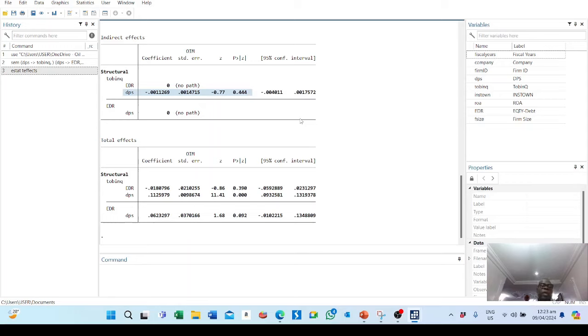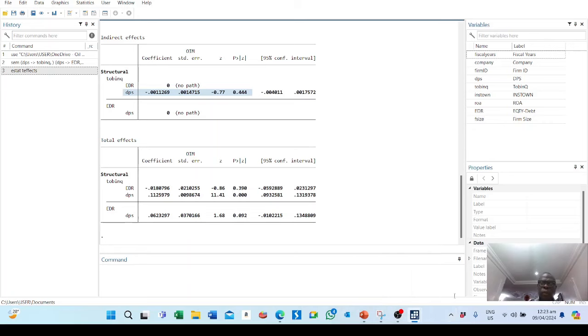So we can say that equity debt ratio is not able to mediate the relationship between dividend per share and Tobin's Q. The indirect effect is insignificant.